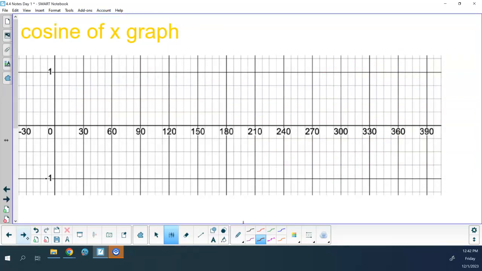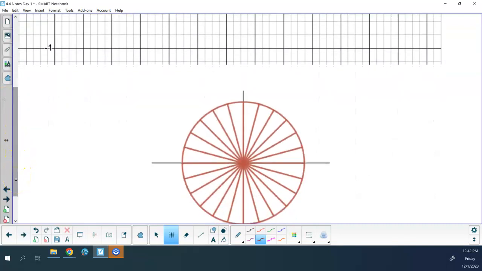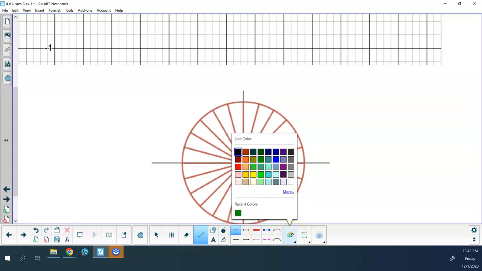Cosine is what on the unit circle? It's the x values. So now, same type of thing, instead of measuring the vertical distance, you are now going to be measuring the horizontal distance.